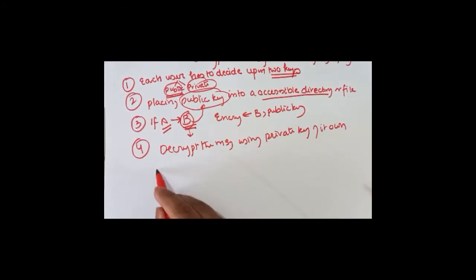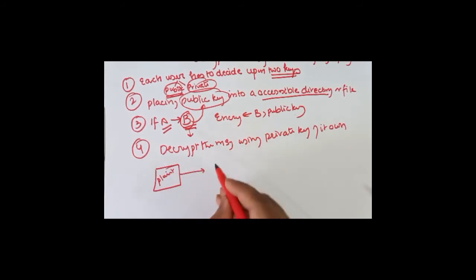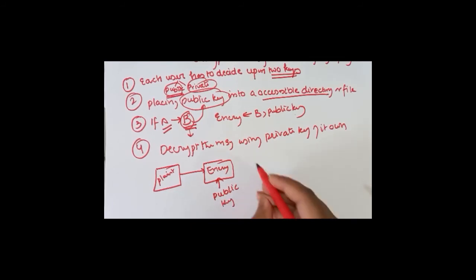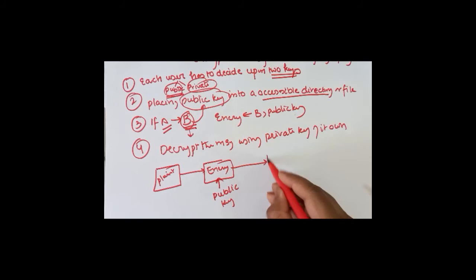So the diagram, I would like to also make a diagram for understanding. If this is the plain text, after which I have the encryption algorithm. For encryption, always remember public key will be used. After which the message will be transmitted.